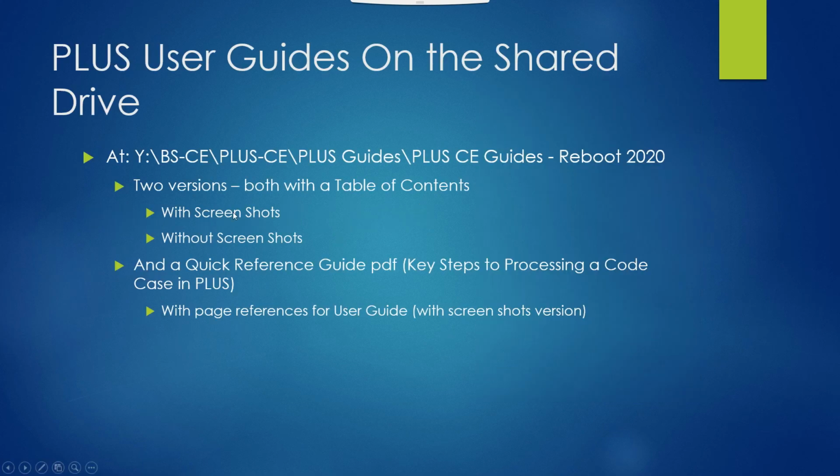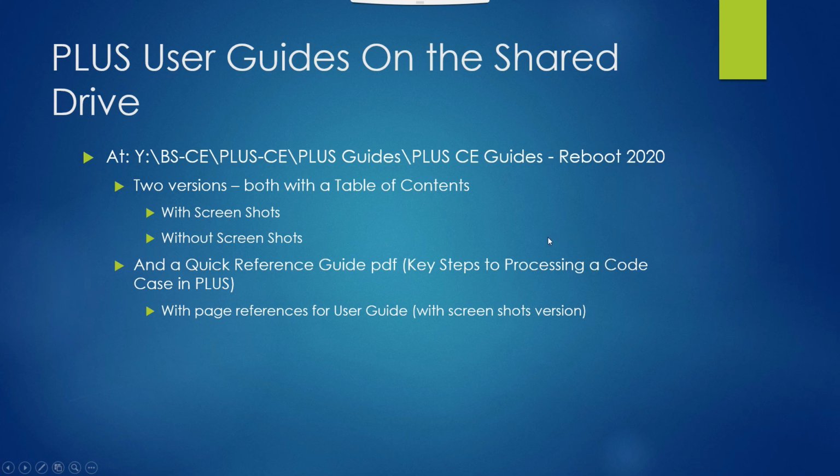One place that you can go to find assistance with basic navigation and steps in the new Code Enforcement Module is out on the Y drive or the shared drive. In the BSCE folder, the Plus CE subfolder, Plus Guides, Plus CE Guides, Reboot 2020. There are 2 versions of a user guide available to you, both with a table of contents.